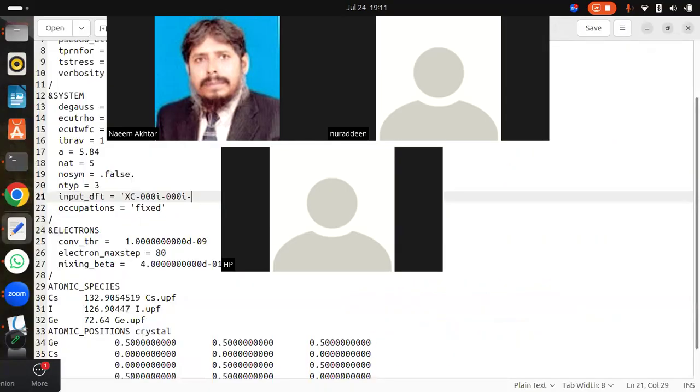So I will write 116, and write L, because this will be used from the libxc library. And 133 was the correlation, and then 0 0 0 I, 0 0 0 I. Let us see whether it is now doing the PBEsol calculation or something else.